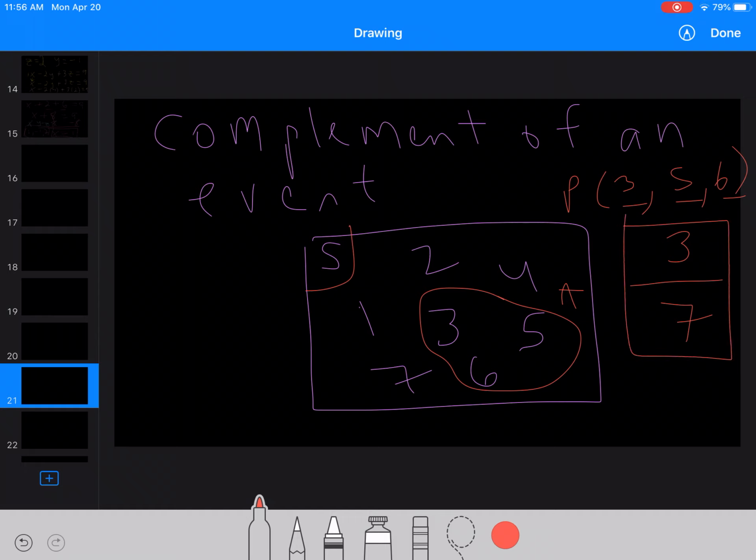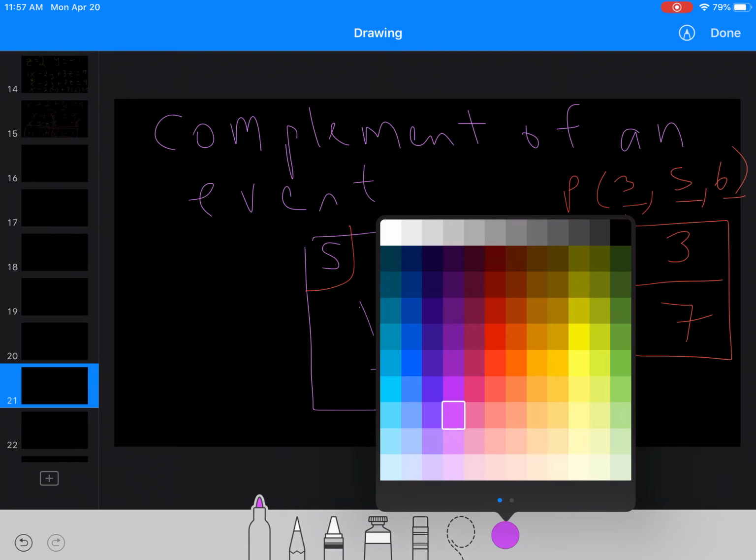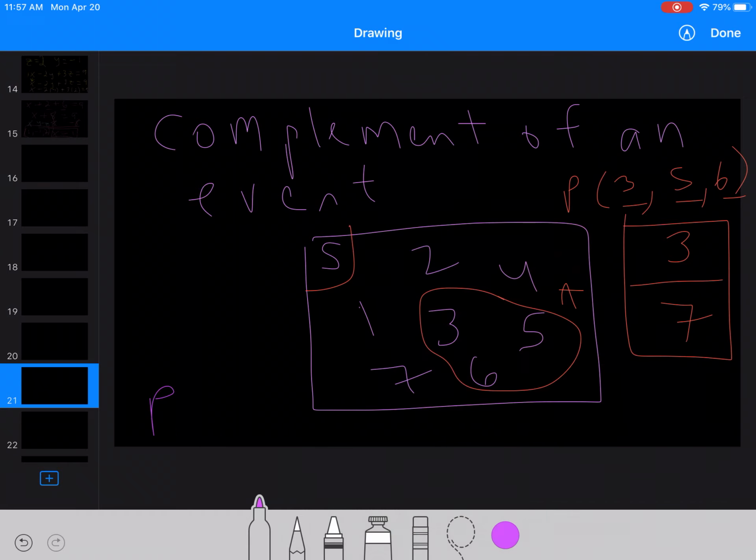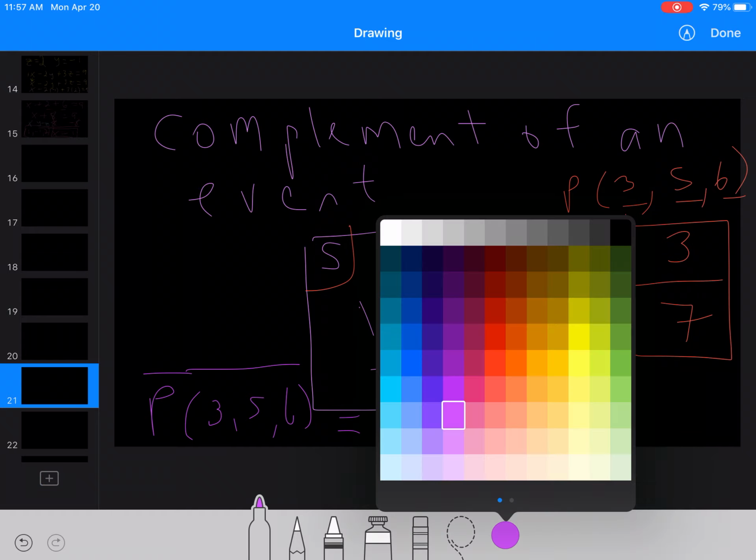Now, that's not the complement. That's just the basic probability that you know how to do. The complement is basically the numbers that are not in that set A, or not in that probability that you want. Sometimes people write the complement with a line over the set 3, 5, 6, or on the probability, so you know it's not selecting that probability.